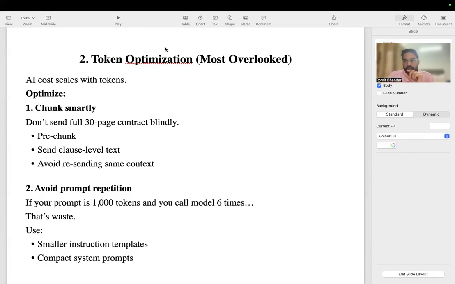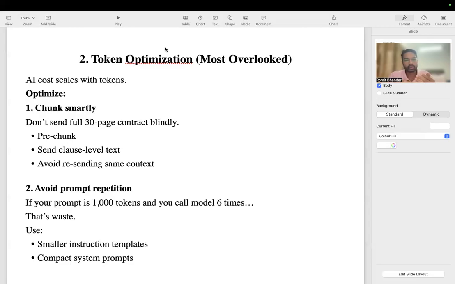So we have to see how we can minimize the input token usage here, without compromising on the accuracy, because you may think that if you reduce the input to the system, then the context would reduce, but that's not the case. There are ways in which you can smartly tweak the prompt so that the prompt is context based, it's concrete, and it doesn't lose relevance, so that the outputs are not hallucinated, right?